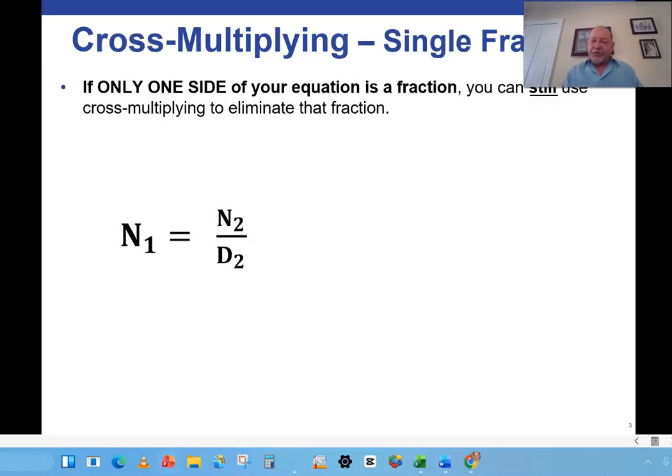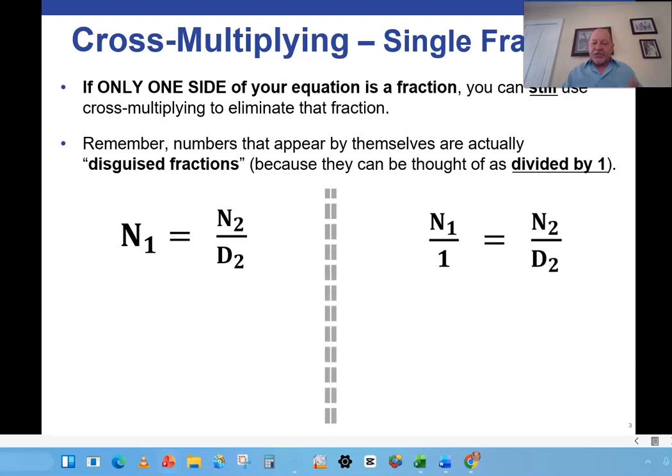How do we do that? Consider the fact that any individual number, in this case n1, is really a disguised fraction. It's numerator 1 divided by an invisible denominator of 1.